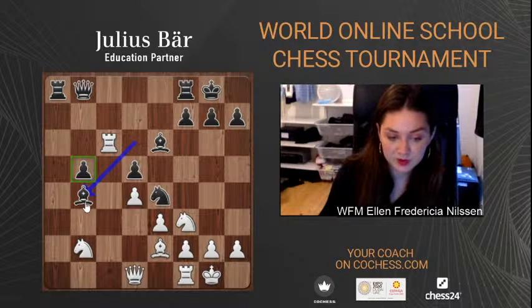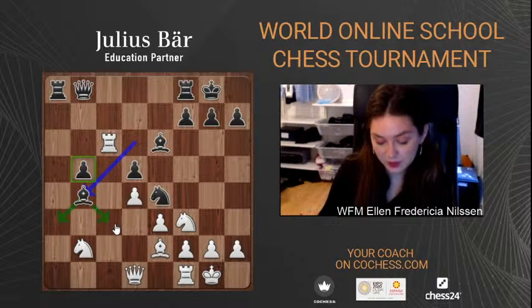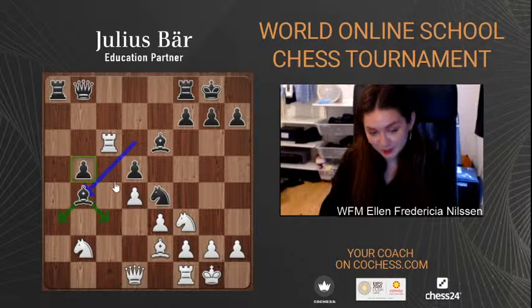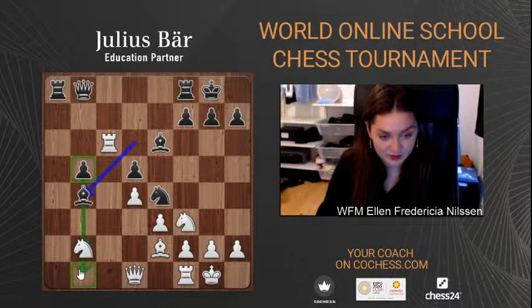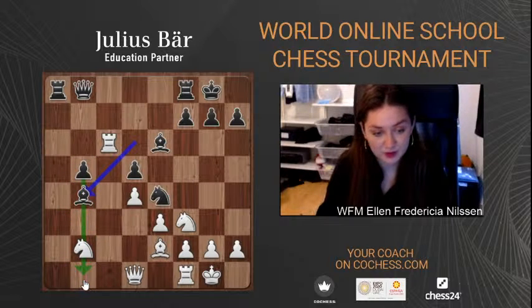And we see a lot of dark weak squares in white's position, and the pawn on b5 is a passed pawn, and black is actually close to winning in this position.